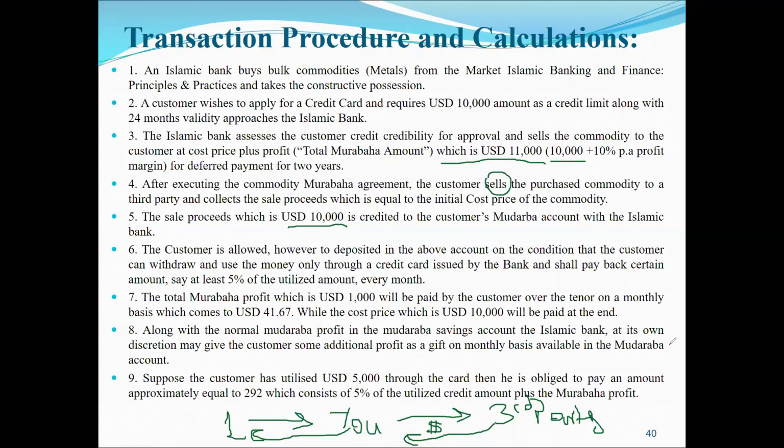They can even generate, let's say, 20%, which is 10% more than whatever you're giving as profit to the bank. Suppose the customer has utilized $5,000 through the card, then he's obligated to pay an amount consisting of 5% of the utilized credit amount plus murabaha profits. So you can use the credit card to earn money.